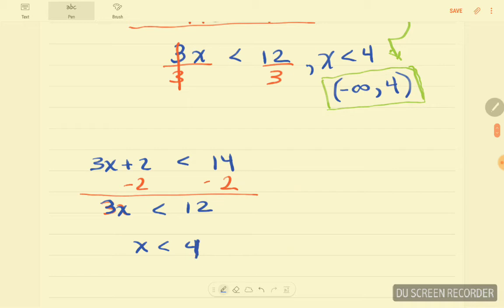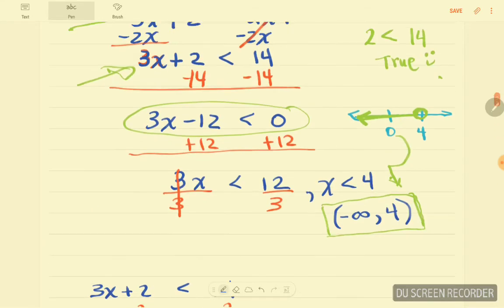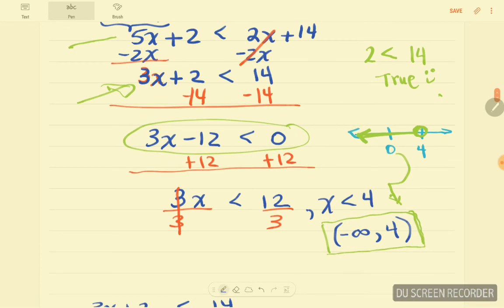The reason that I made a point of setting the right side to 0 is because when we get to certain types of equations or inequalities that we're going to solve, specifically rational inequalities, it's going to be important that we set one side to 0 and move everything else to the other side. It's going to become essential to do that.